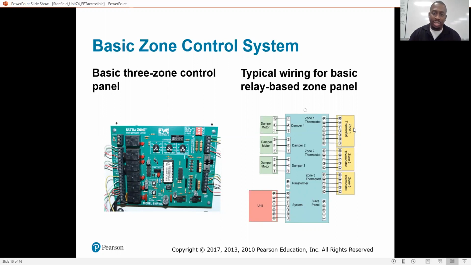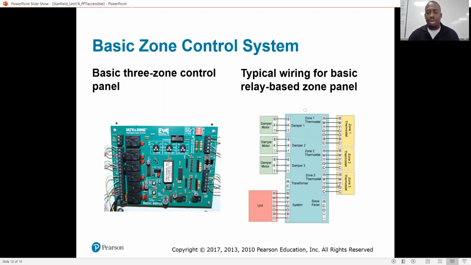So let's say this is the living room, and this is the master bedroom, and this is bedroom number 2. Those are your 3 zones. That means you have a thermostat in each of these rooms. Each one of these thermostats controls a damper, and it also brings the unit on. So let's just go with zone 3.